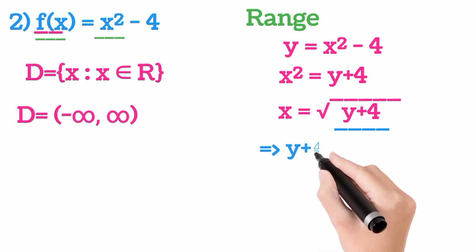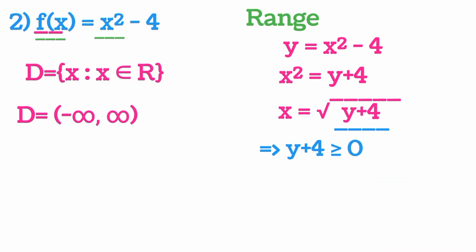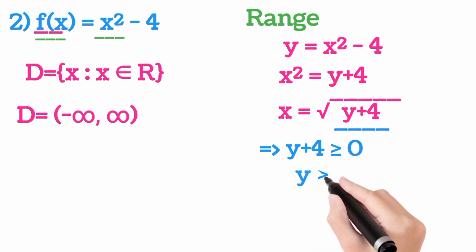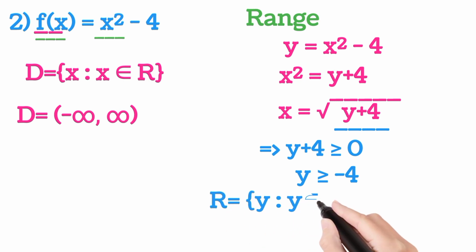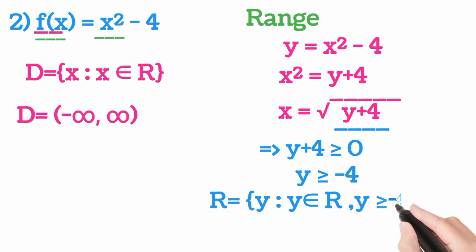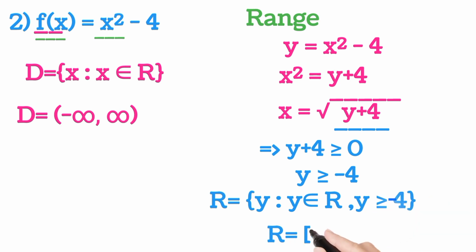So y plus 4 should always be greater than or equal to 0, that is y should always be greater than or equal to minus 4. So the range of the function will be y such that y belongs to R and y is greater than or equal to minus 4. Or this can also be written as R = [minus 4, infinity), where the square bracket means that minus 4 is included in the range.